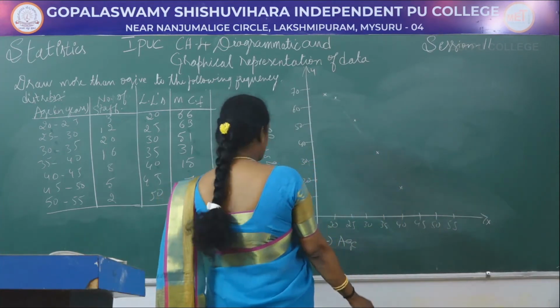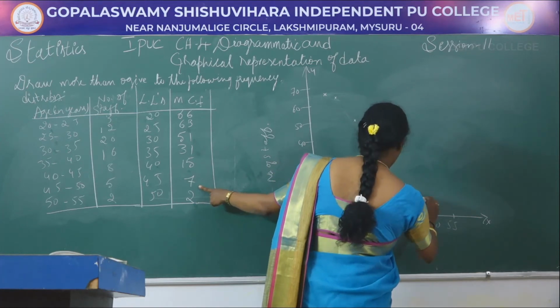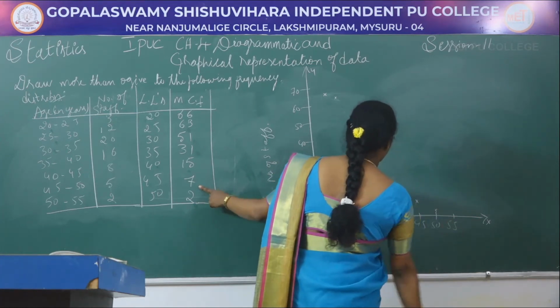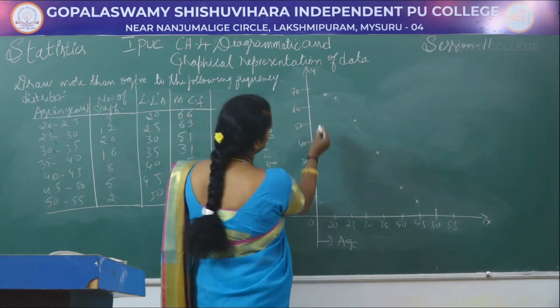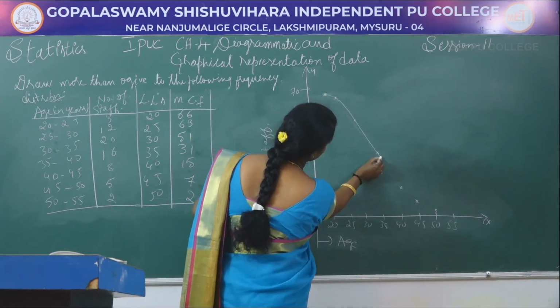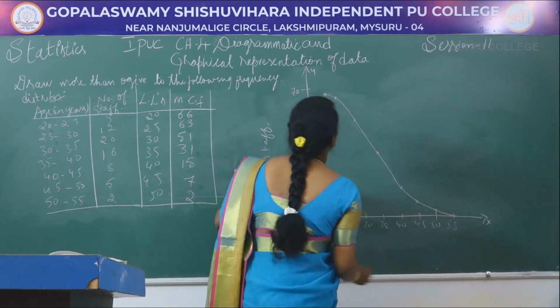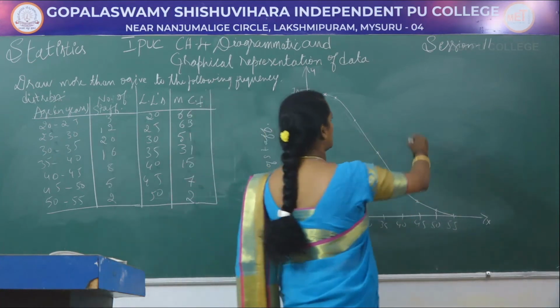Next for 45 it is 7. Last one is 2. So for this we have to join the points. So this is our more than ogive.